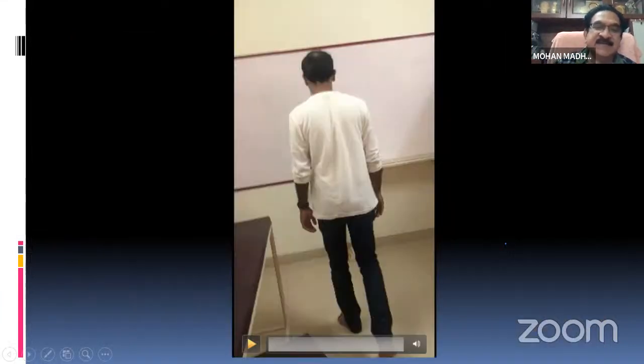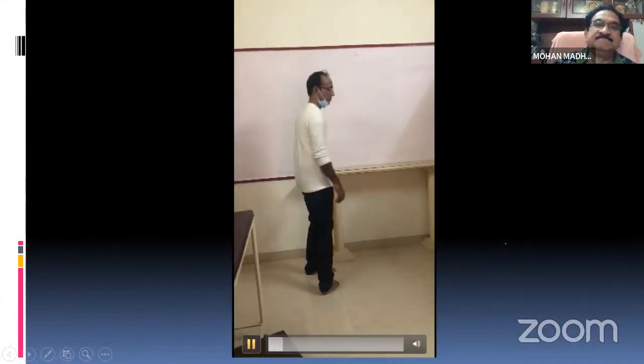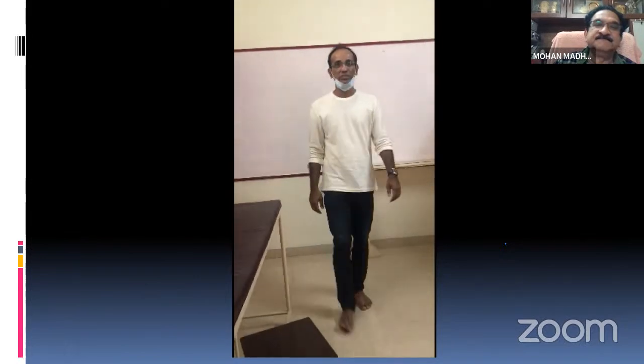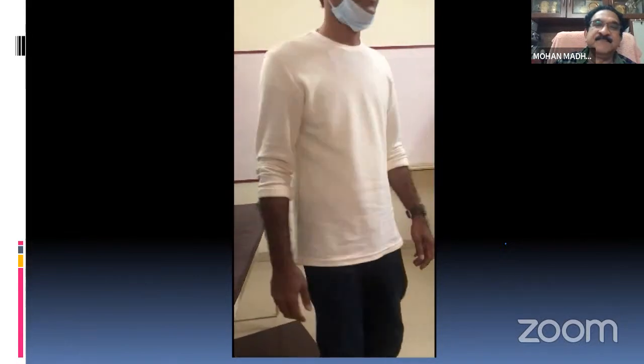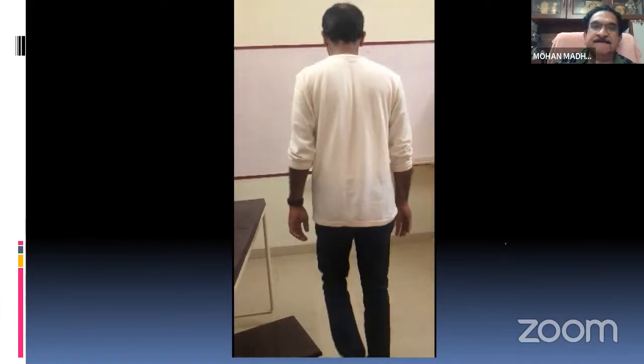Okay, this is the gait. So nothing great in this case, but I was surprised why for 15 years he was having this tremor only, without any other features of Parkinson's. That was really surprising.